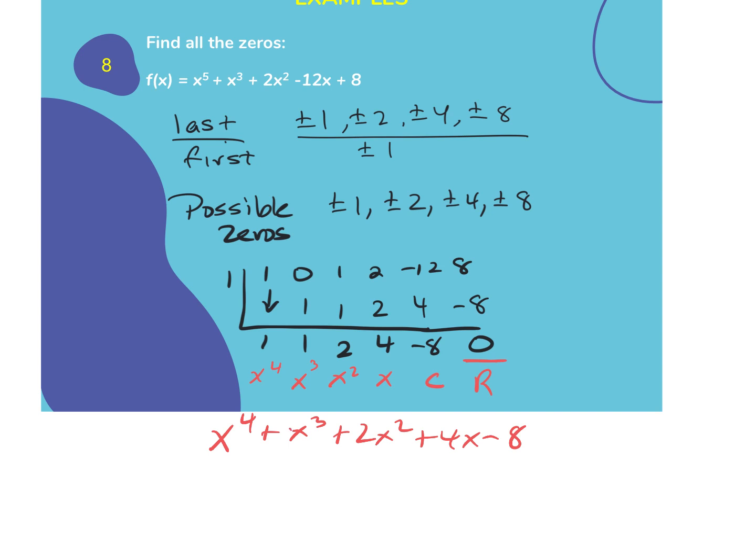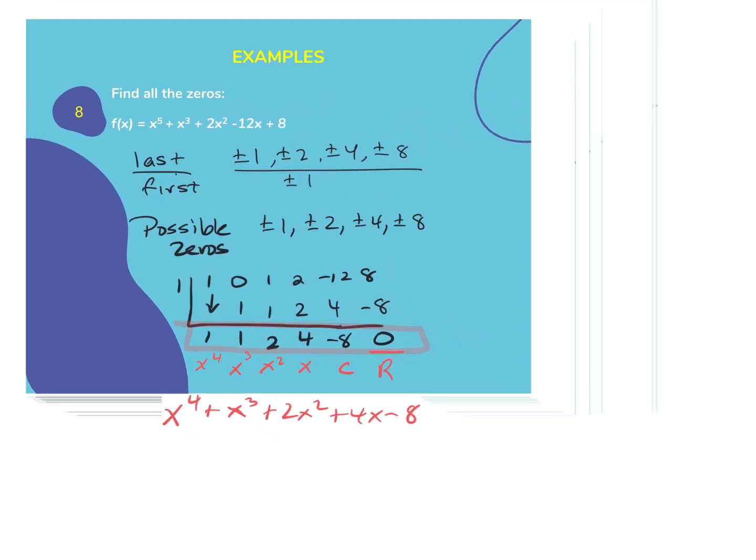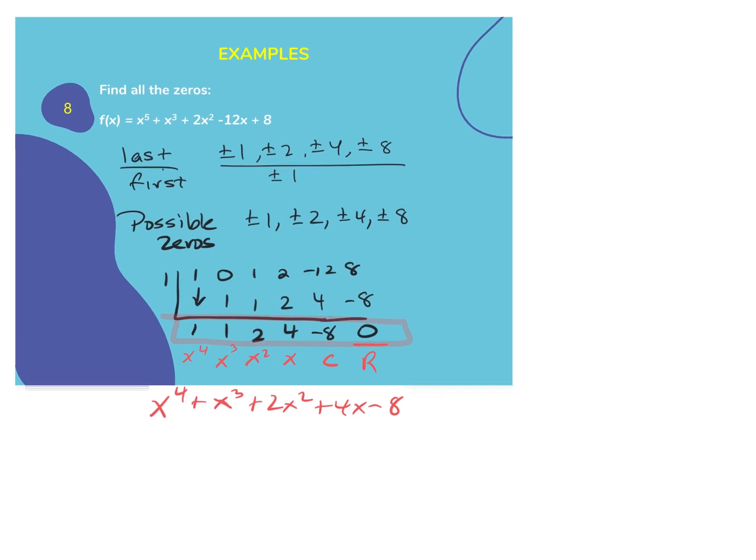I cannot factor this, so again, I've got to do synthetic again. But remember, you're doing synthetic with this newly formed bottom row without the 0. So another zero out of the possible zeros list could be -2. And then put in that row, 1, 1, 2, 4, and -8.